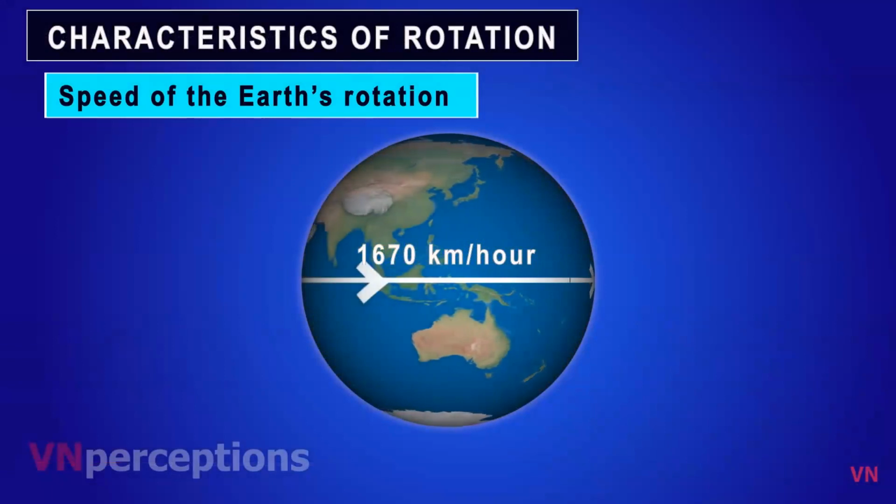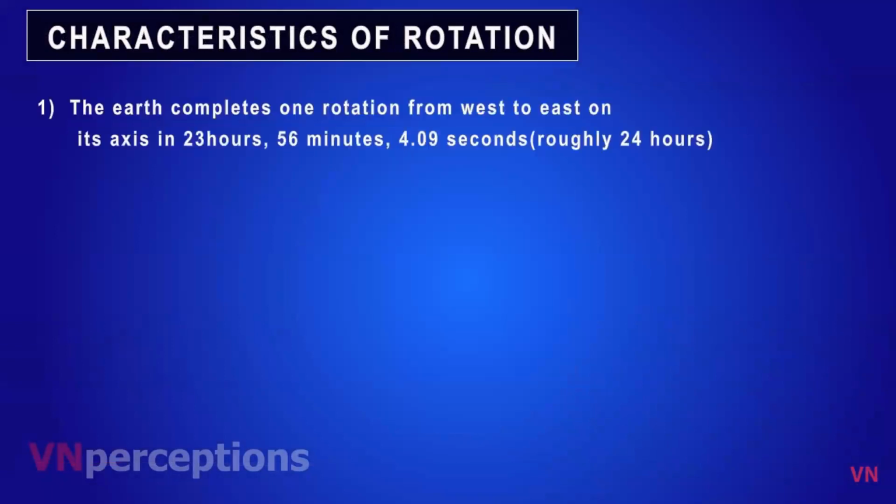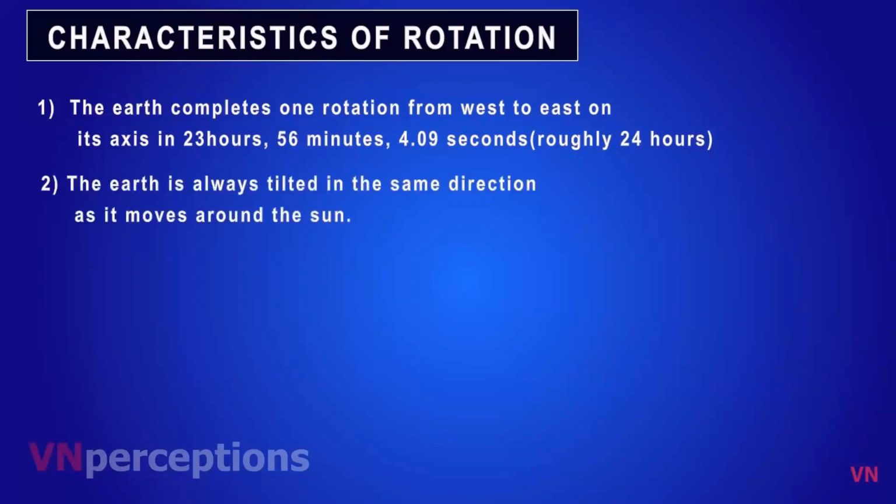If we sum up the characteristics of rotation of the Earth, the Earth completes one rotation from west to east on its axis in 23 hours, 56 minutes, 4.09 seconds. That is roughly 24 hours. The Earth is always tilted in the same direction as it is moving around the Sun.